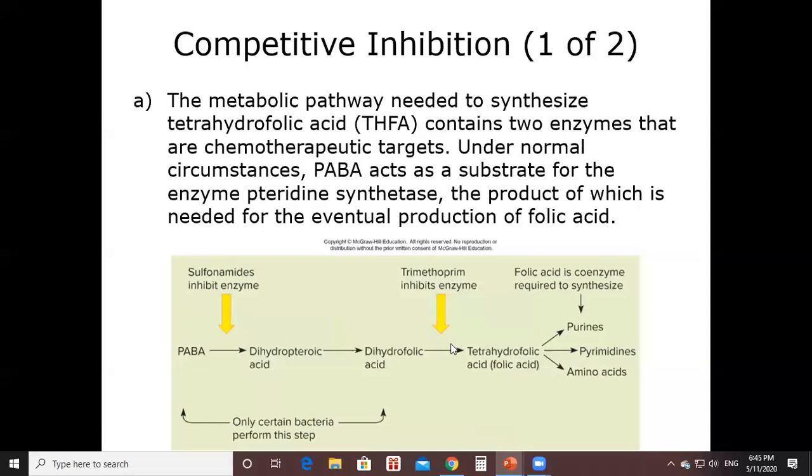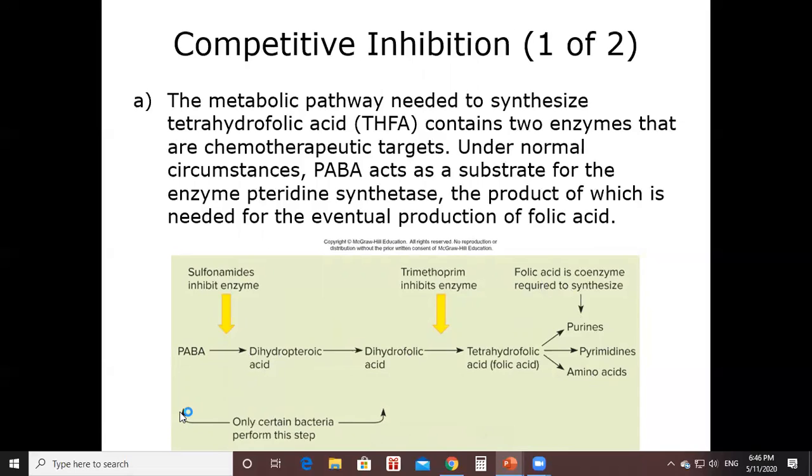Once you stop this, then you won't get the folic acid. So these sulfa drugs stop the PABA from going to dihydropteroic acid. So once we stop this, then none of this will occur, and you can't get folic acid. So ultimately, you do not get purines or pyrimidines or amino acids.